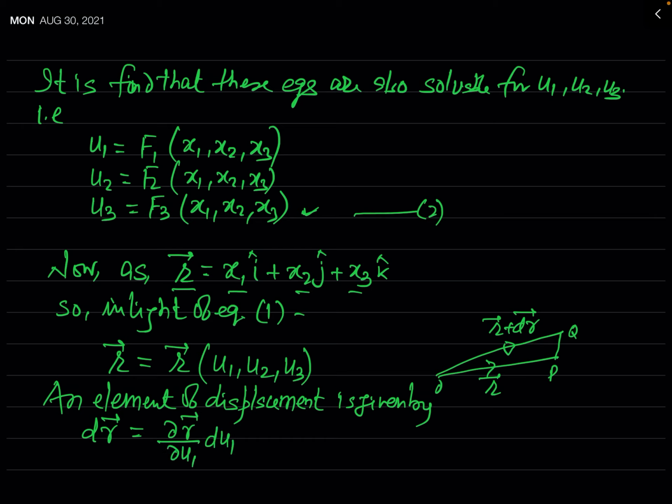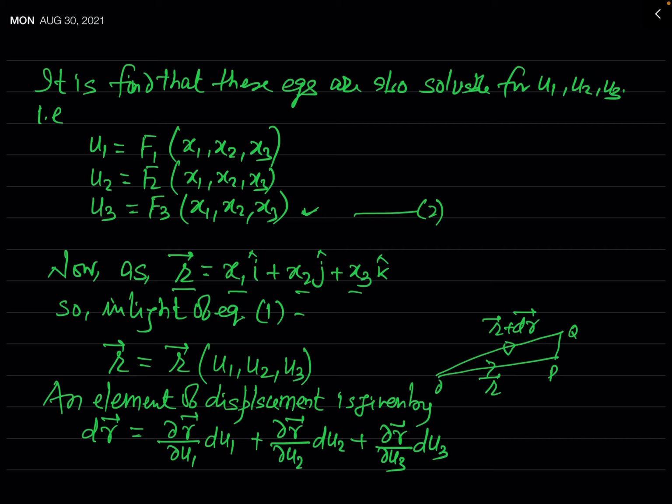When we differentiate r with respect to u1 partially, it means you have to keep u2 and u3 constant, plus del r by del u2 du2 and plus del r by del u3 du3.